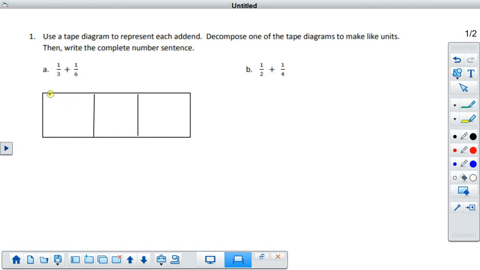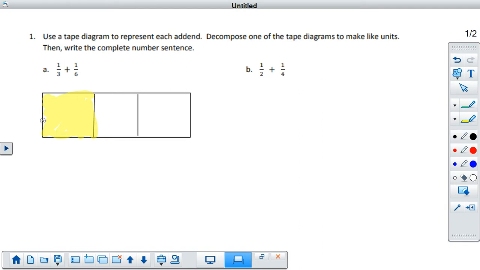And then I want to shade 1/3. So this represents my 1/3. The next step, I want to think about 3 times what is 6. I know that 3 times 2 is 6. So basically we're multiplying by 2 halves so that it equals sixths.